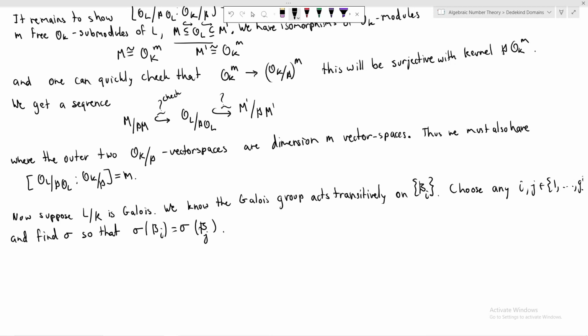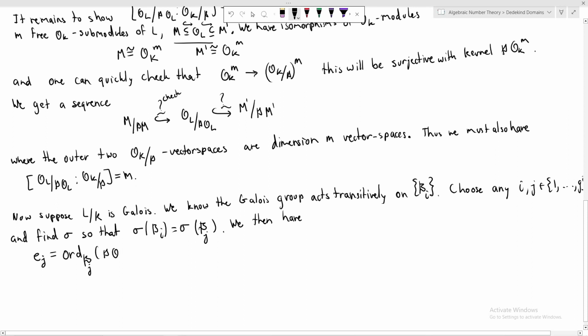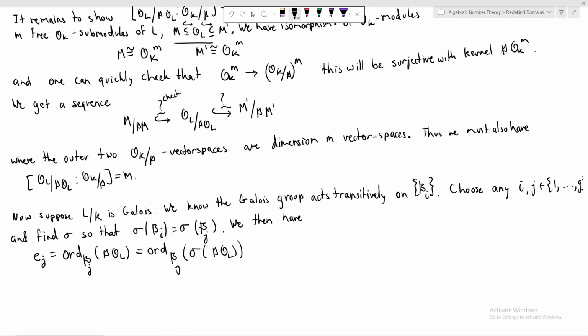Now the key computation is as follows. We know that e sub j is the number of times P sub j divides p O sub L. And because p is an ideal in K, sigma fixes K, and so p O sub L is the same thing as sigma of p O sub L. You can basically just think of the fact that sigma takes O sub L to itself, and sigma fixes p.